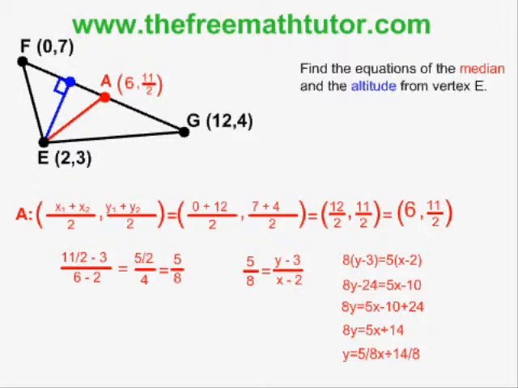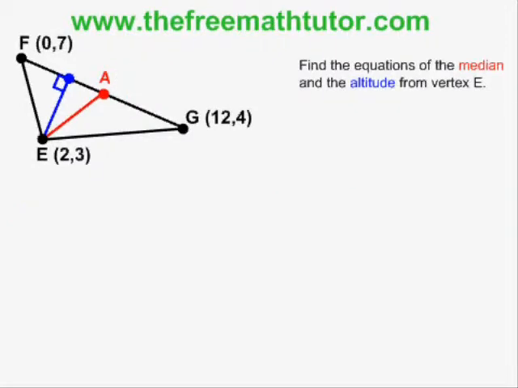Now let's find the equation of the altitude. The first step for finding the equation of the altitude is to find the slope of side FG, which is perpendicular to the altitude. Plugging the x and y coordinates of points F and G into the slope formula, I get a slope of -1/4.